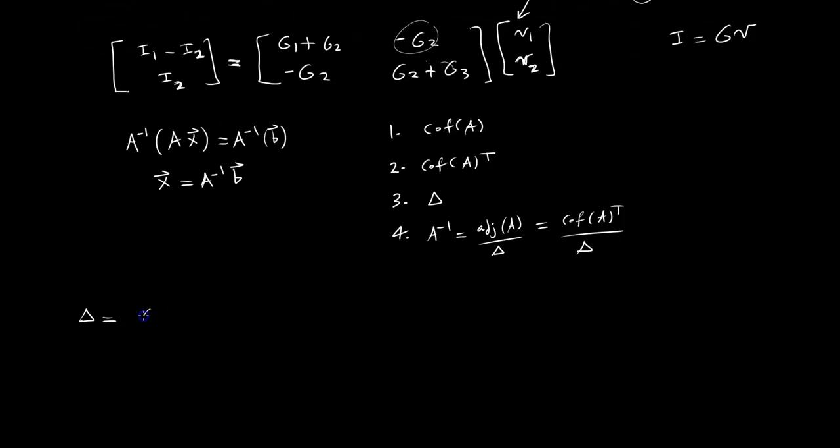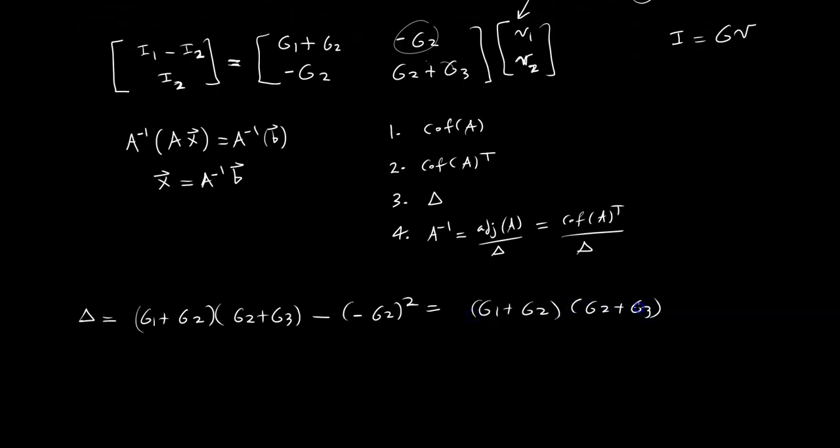That's going to be G1 plus G2 multiplied by G2 plus G3, minus negative G2 squared. And so let's just simplify that, minus G2 squared.